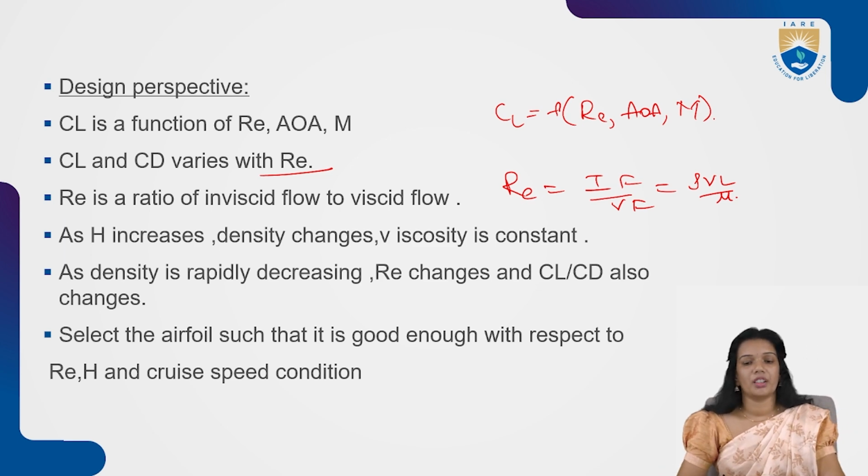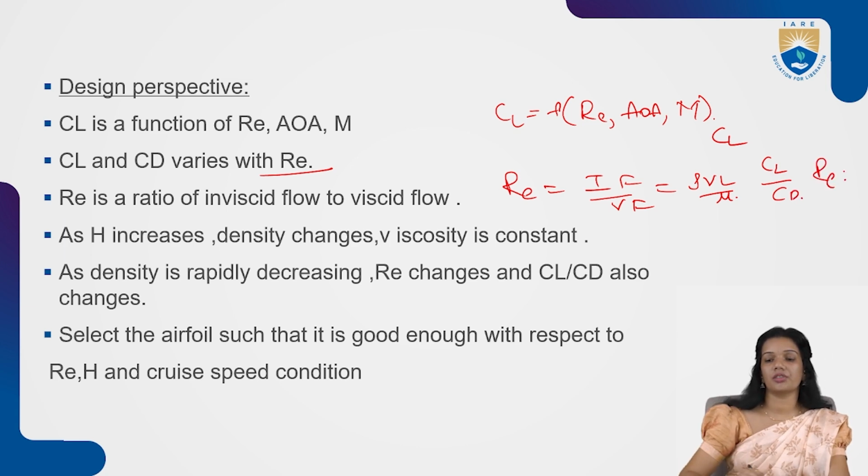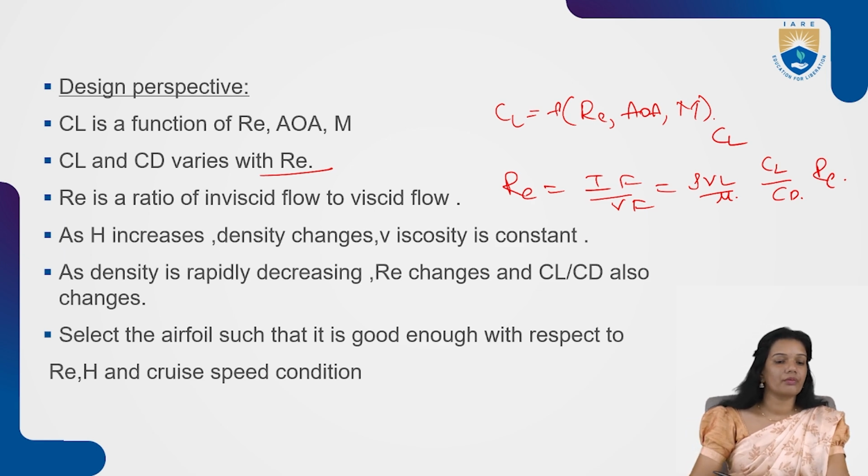So therefore, now what is happening? We are saying that I want to have a better CL or a better CL by CD, and whereas I am dependent on a particular Reynolds number, then I also have to see what exactly is happening with the Reynolds number. I could have a laminar flow or I could have a turbulent flow. If I have a turbulent flow, then it is going to be a little degraded one, right?